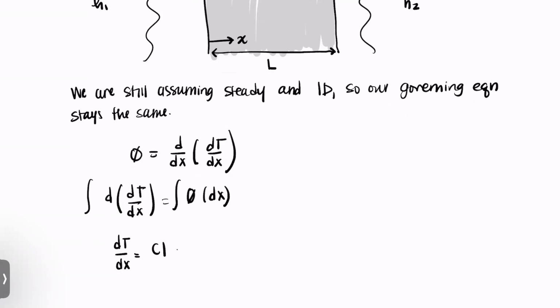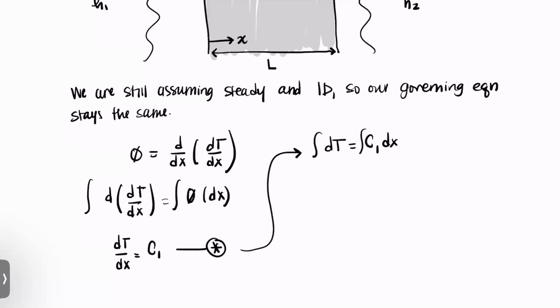I'm going to refer to it later, so I'm going to call this equation star. All right, we're going to do this process again. So we have dT is equal to C1 dx. I don't know why I wrote that one so big. That's ugly. C1, there we go. All right, and then we're going to integrate this. So we get T is equal to C1x plus C2.